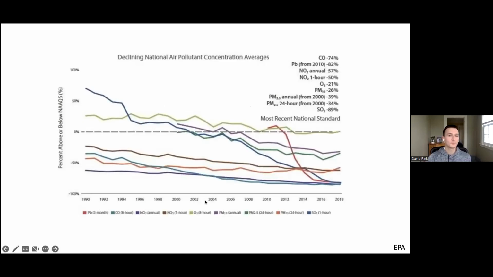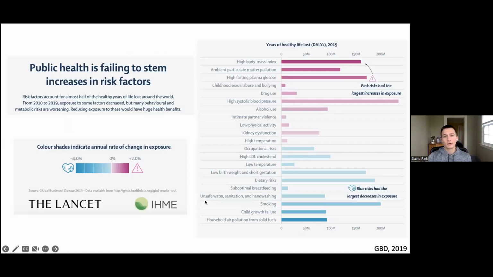I will say the good news is that pollutant concentrations have been decreasing over time. So here's a chart with data from the EPA demonstrating an overall decrease leading up to 2018. However, the bad news is that despite those decreases, air pollution remains a leading cause of global morbidity and mortality.